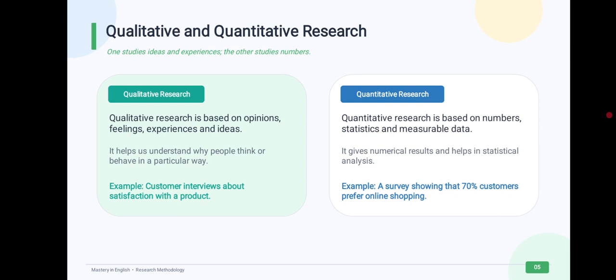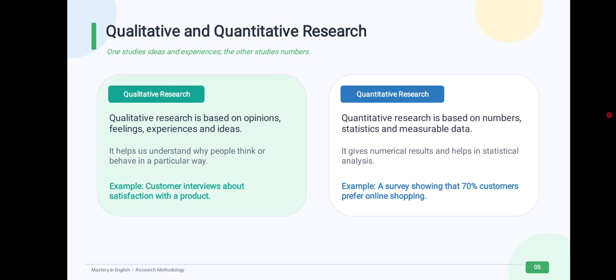For example, a survey showing that 70% of customers prefer online shopping and 20% prefer offline shopping and 10% prefer both online shopping as well as offline shopping. So this is quantitative research because it uses numbers and statistical analysis.